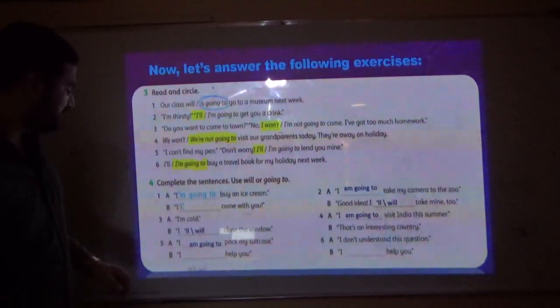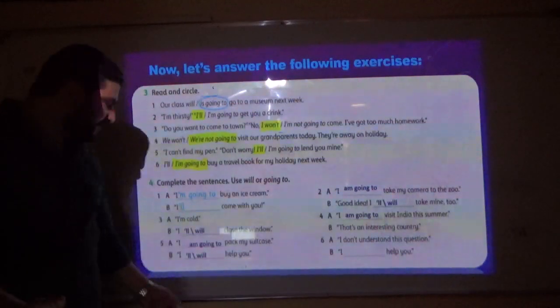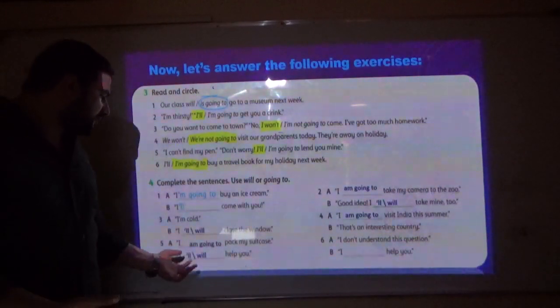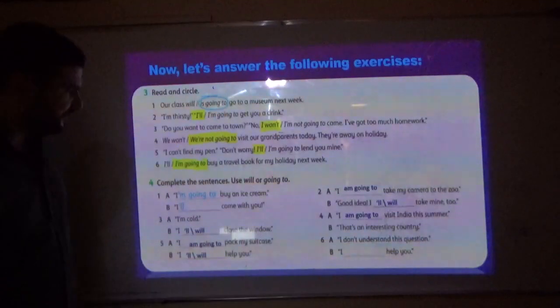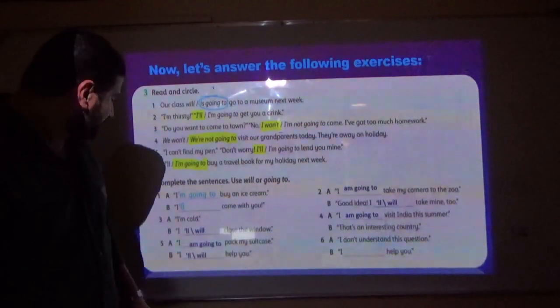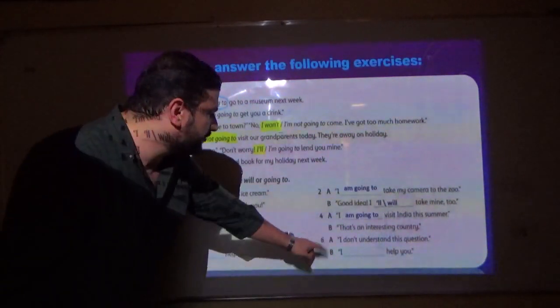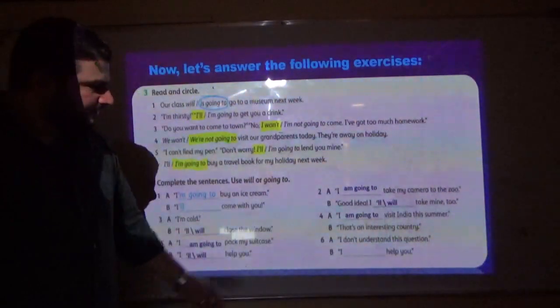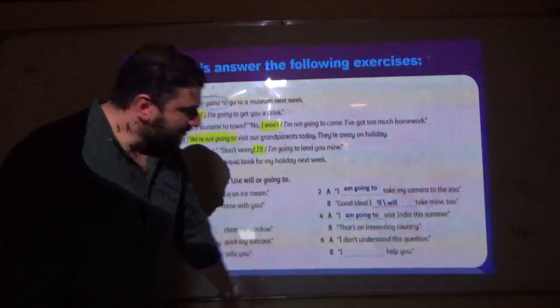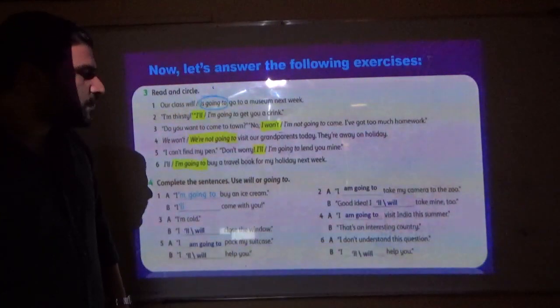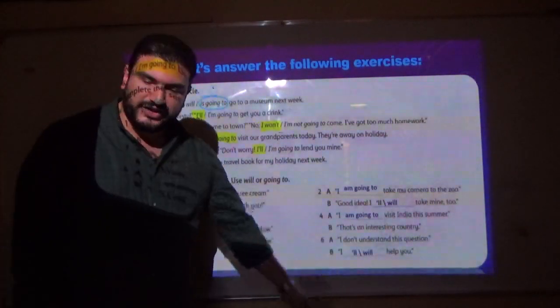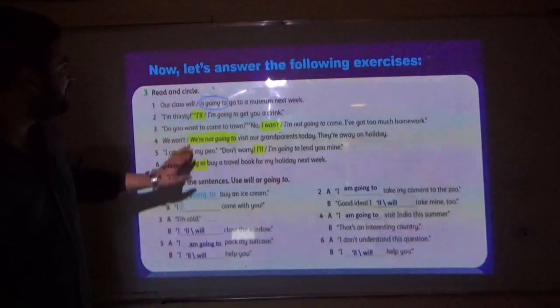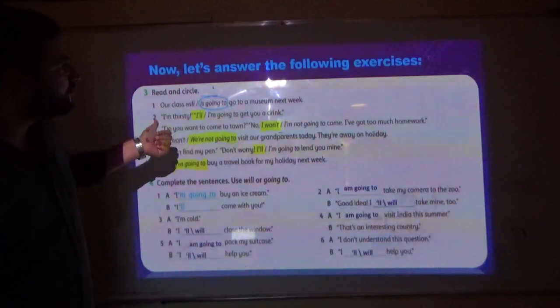So that the person here offered to help him, so I'll or I will help you. Number 6, I don't understand this question. So speaker B will say, I will or I'll help you, offering again. So this is the exercise related to going to and will.